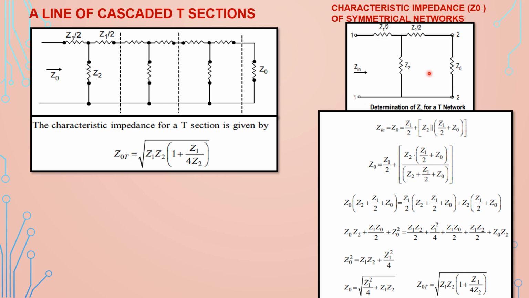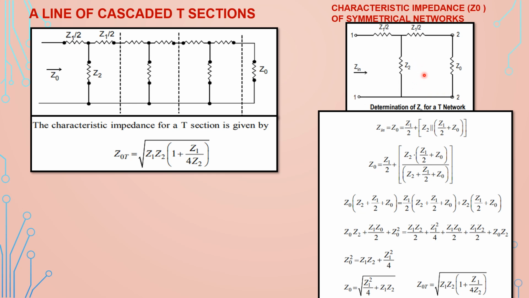We know that. So if it is an infinite line, then the input impedance of that infinite line is also equal to the characteristic impedance. So the impedance looking towards the infinite line is nothing but the characteristic impedance. And moreover, if any finite line is terminated by its characteristic impedance, then we can call it an infinite line.